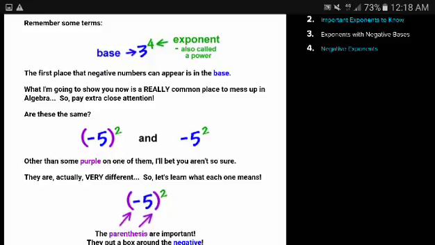Bali, nasa loob ng parenthesis si negative 5 bago siya na-raise ng 2, and negative 5 raised to 2. Other than some purple on one of them, yung parenthesis natin, basahin ko lang ha. I'll bet you aren't so sure. They are actually very different. So let's learn what each one means.